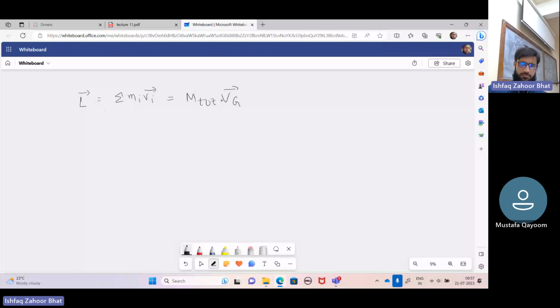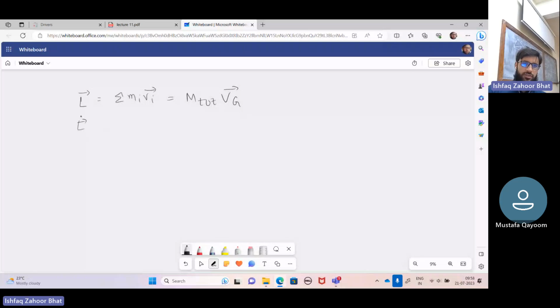It is the same for the rigid body also. You cannot get any simpler version of this. You have to take the total mass of the rigid body and find the velocity of the center of mass. You will get the linear momentum. This is so easy.